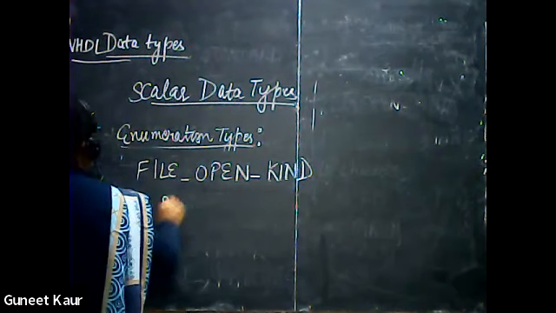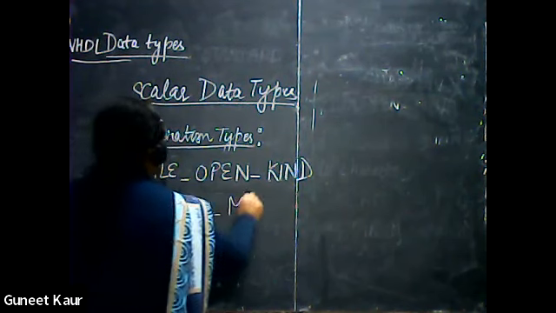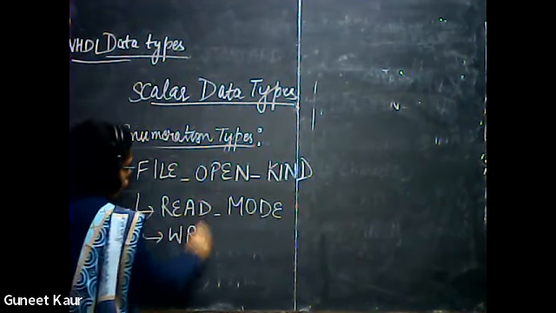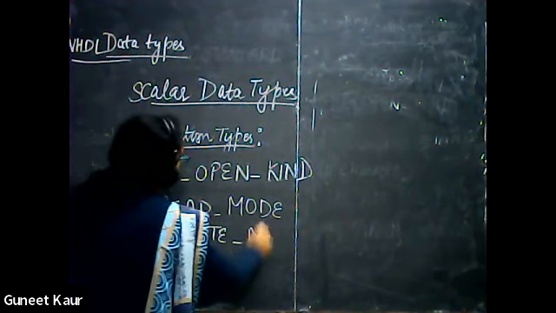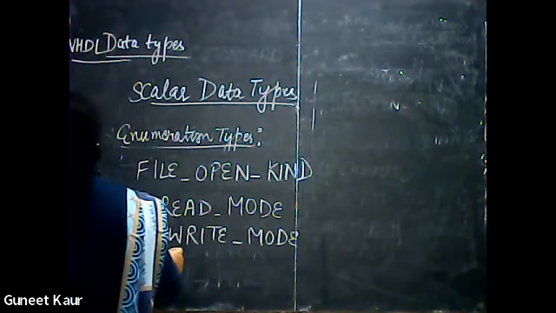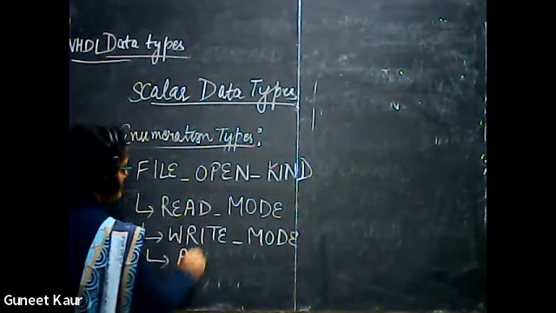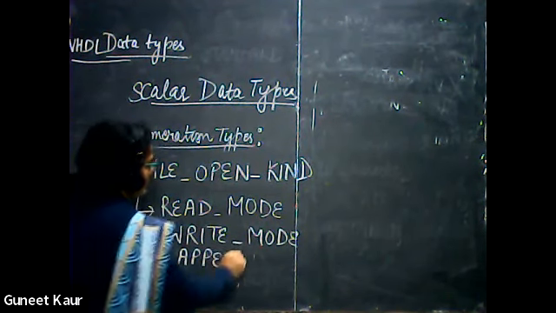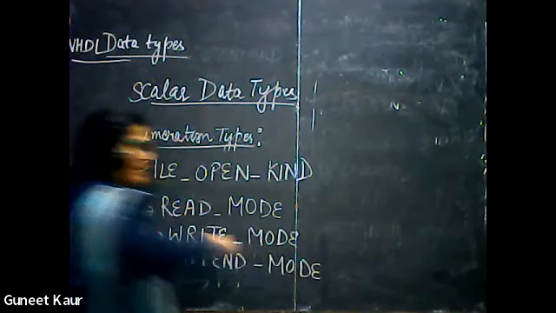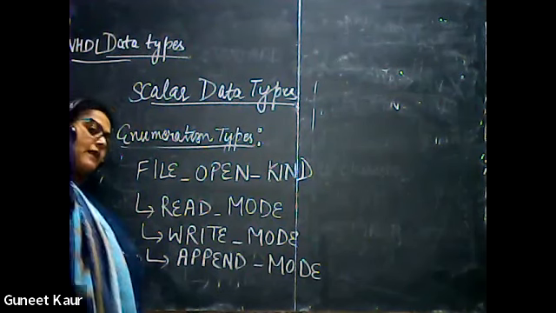The literals used for this are read_mode, second is write_mode, and third is append_mode. So these are the enumeration literals which can be used in file_open_kind.